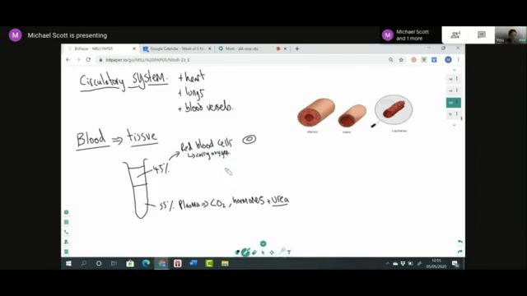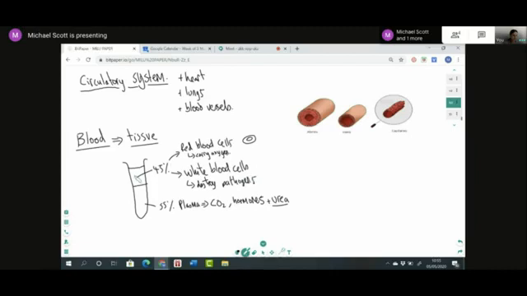The red blood cells have a pigment that we call hemoglobin, and that hemoglobin binds to oxygen to carry it around the body. We also have white blood cells. We looked at white blood cells in our previous lesson. If you remember, white blood cells are there to destroy pathogens.